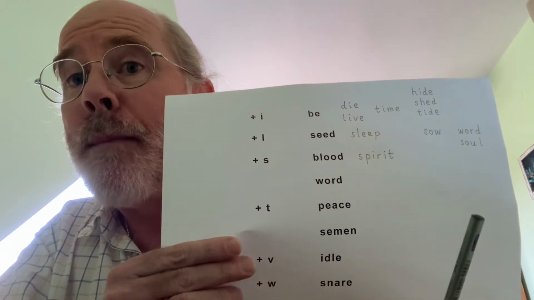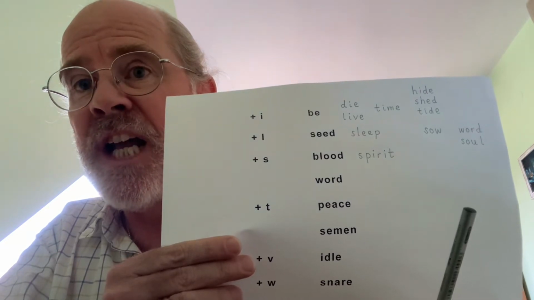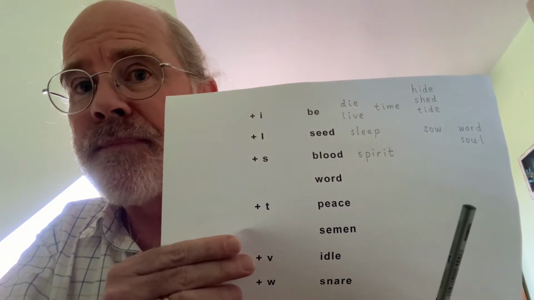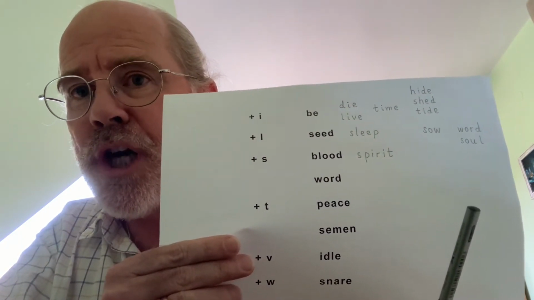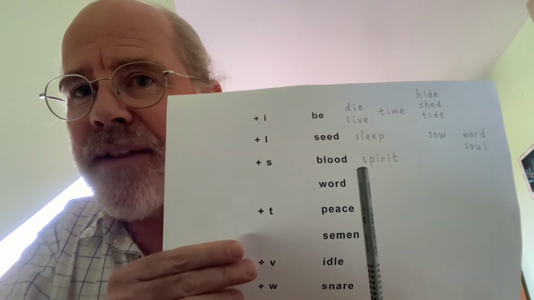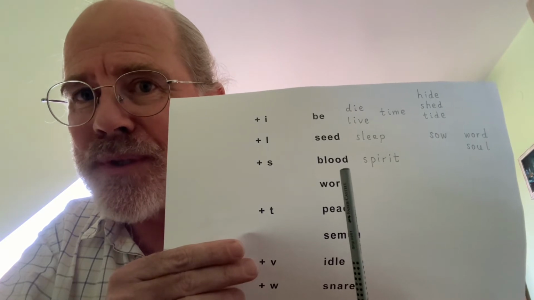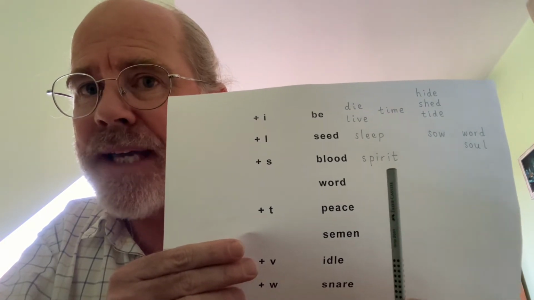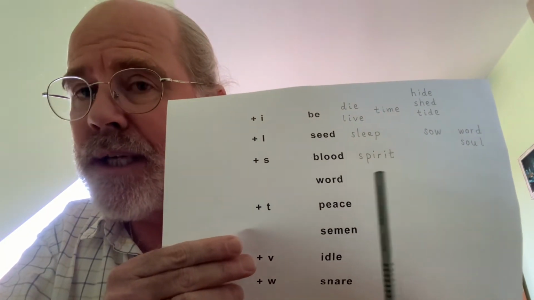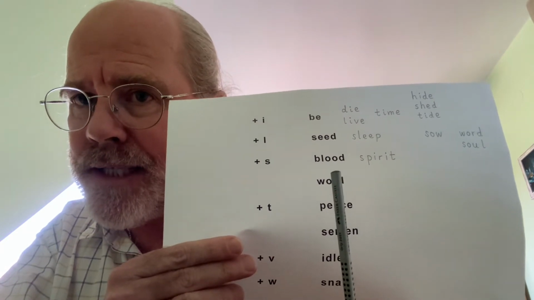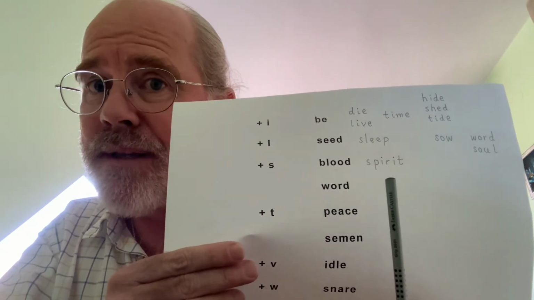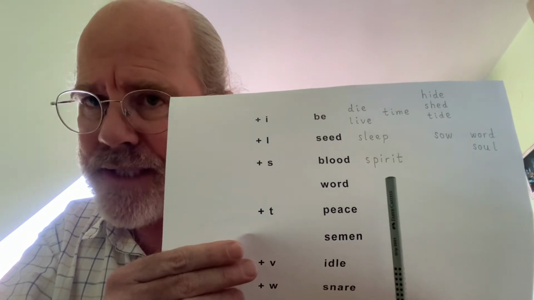B, P, L, R, D, T. And the only other change I have to make is to turn the 2 O's into I's, and I have spirit. Blood, I think, is intimately connected with spirit.